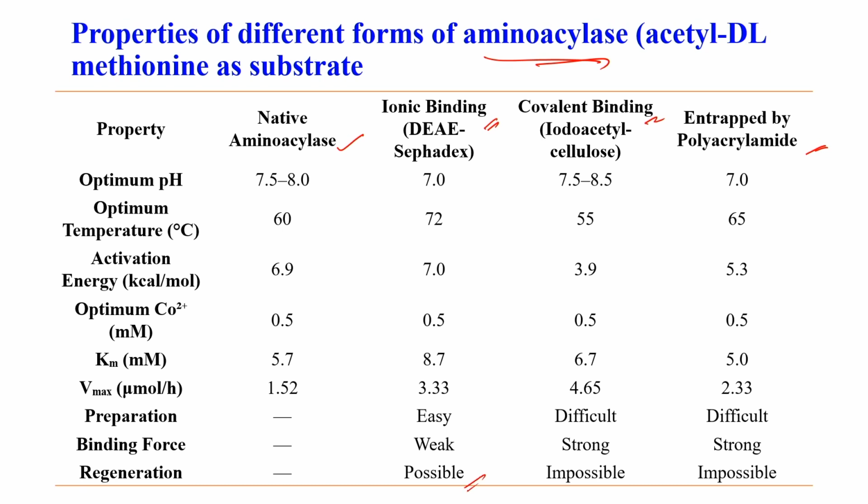For ionic binding it is possible; you can change the pH or ionic strength to regenerate it. For covalent it is impossible, and for entrapment it is impossible. As for preparation, for ionic binding it is easy, and these two are difficult.